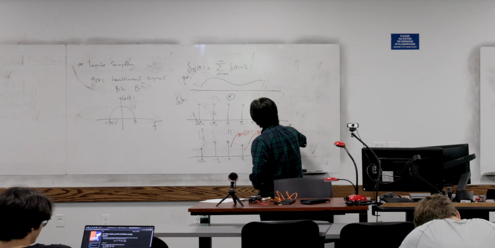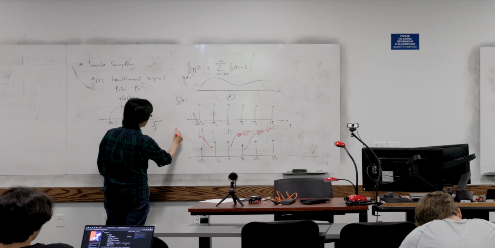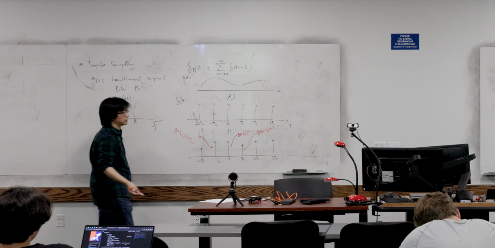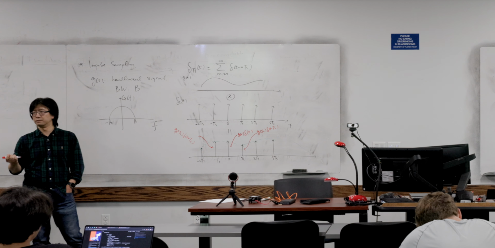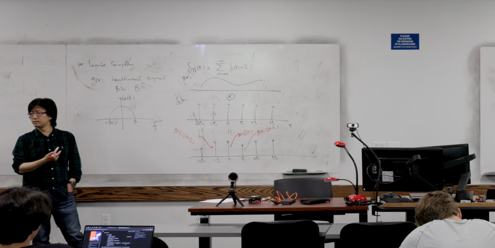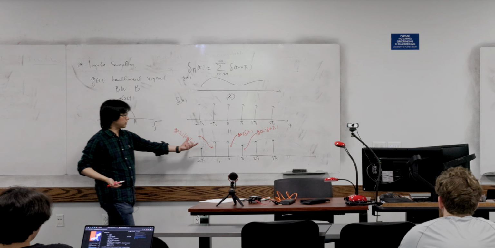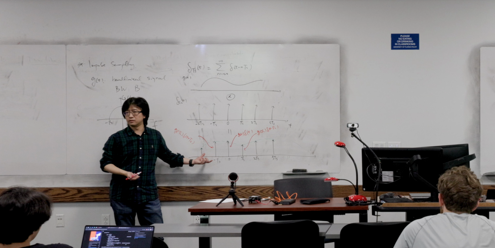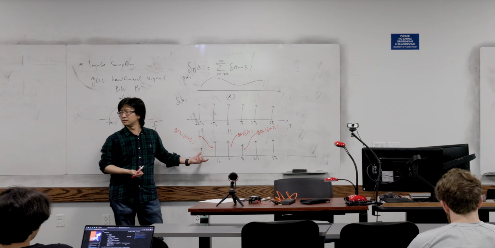That one is g(minus Ts) delta(t plus Ts), and so on. Each term is a weighted delta signal, and we call this the sampled signal. Does that make sense?